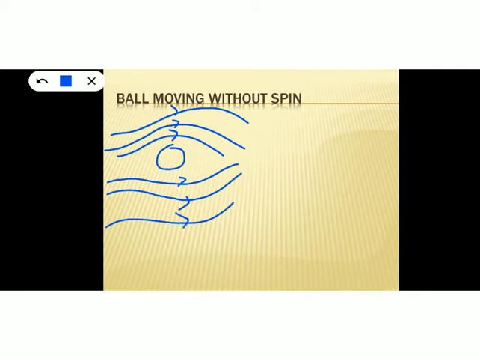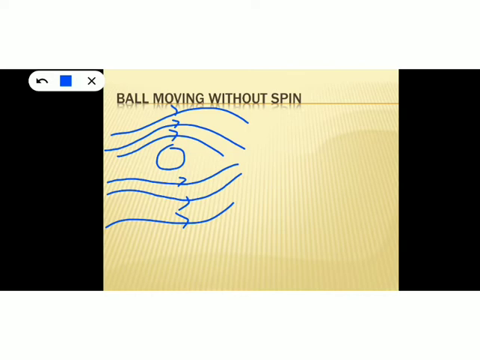When this ball moves in air without spinning, it is just moving linearly. The velocity of the air above and below the ball is the same. That means the fluid particles moving on the upper and lower portions of the ball are moving with the same velocity.